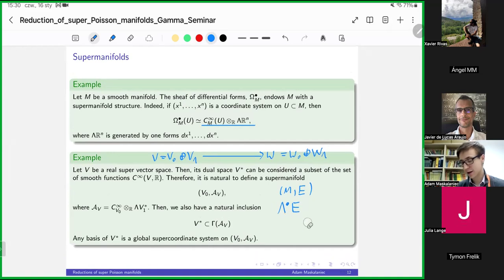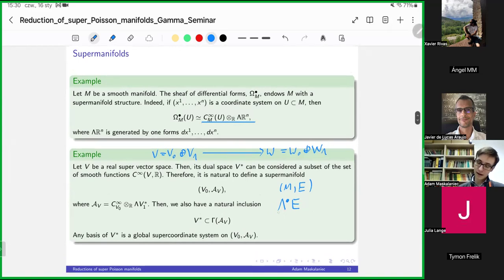So this is a canonical example of a supermanifold, and the multiplication in this supermanifold is exactly the wedge product in this vector bundle.